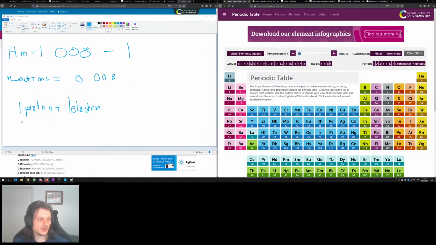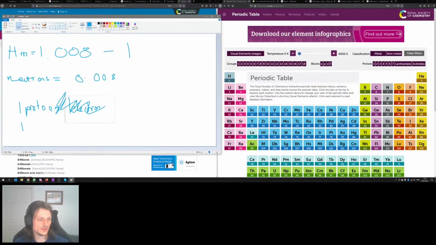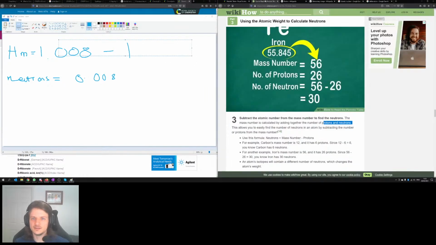But in this case, yeah, okay, this makes sense. That's wrong. 1 proton plus 1, essentially it's just the negative of that. I see. Cool. Together protons and neutrons will give you the mass number.